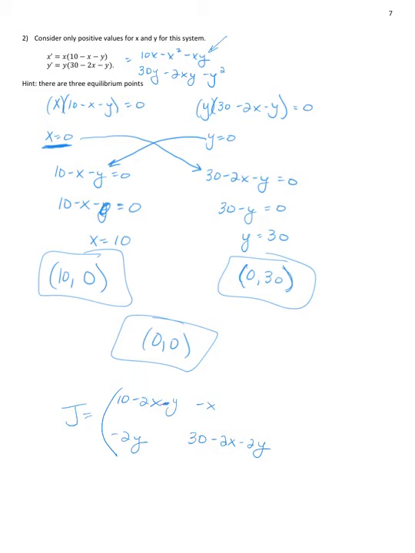Yep. And then with respect to y would be negative x, and then, yeah, okay, good. So that's your Jacobian. You're going to plug in each of your 3 equilibrium points and work out the linear system that results from each one.